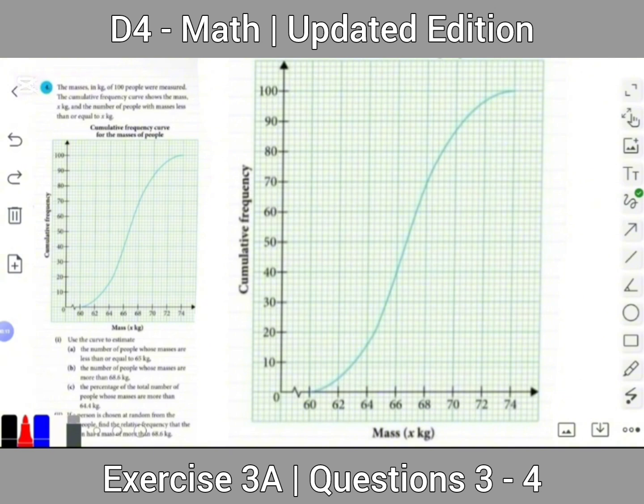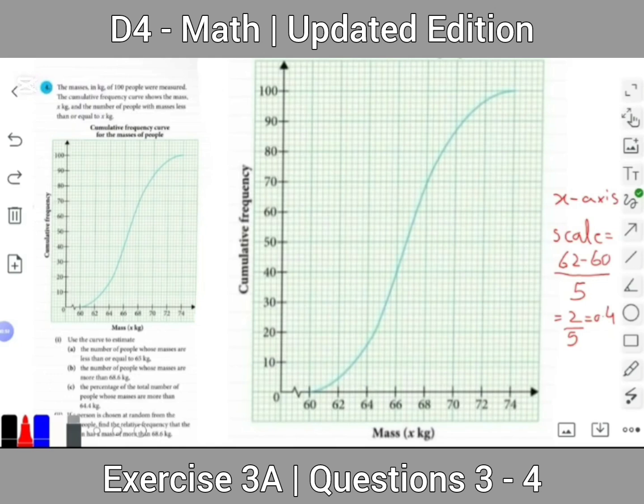first we have to understand the scale of the x-axis and the y-axis. For the x-axis, the scale is 62 minus 60 divided by the number of squares between these two values. So the scale for the x-axis will be equal to 2 over 5, and that will be equal to 0.4. So each square has the value of 0.4.